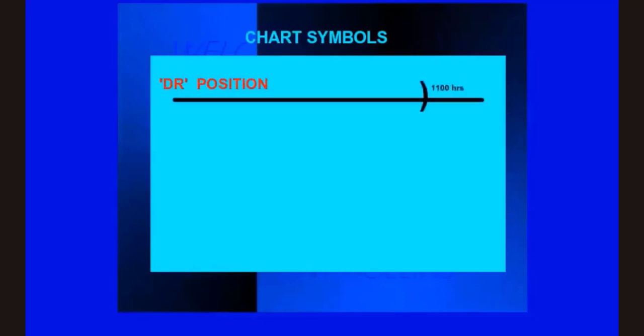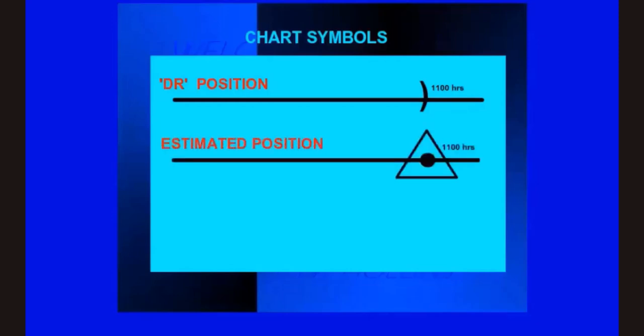There are 3 symbols for marking positions on a chart. You've already done one of them. You mark that DR position by a simple cut through the track. That designates just that. A DR position, a position which considers only time, speed and distance. Next is the estimated position, the EP.